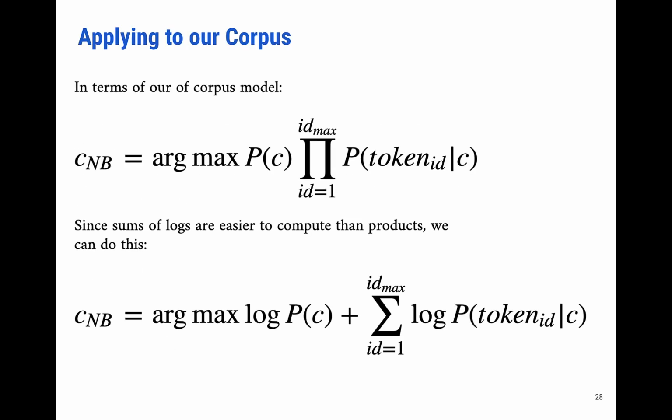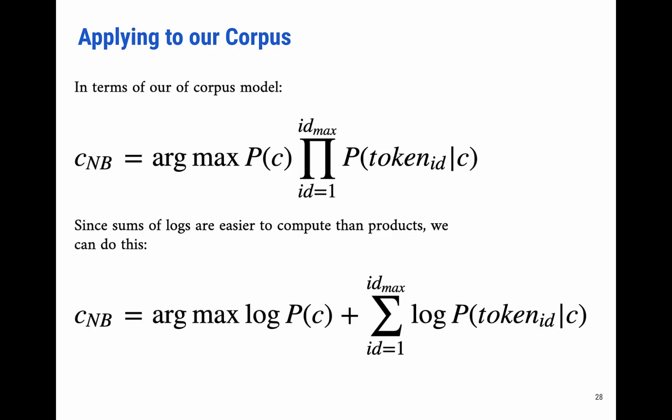So when we apply this to our corpus, we're talking about tokens. This is pretty obvious here. And so we're talking about applying Bayes rule, the probability of the category in general times the product of the likelihoods, and then we end up with this way of computing it as logs, a sum of logs.